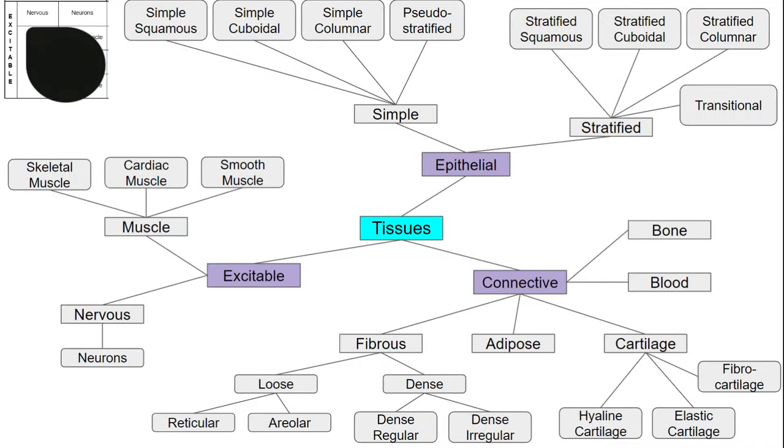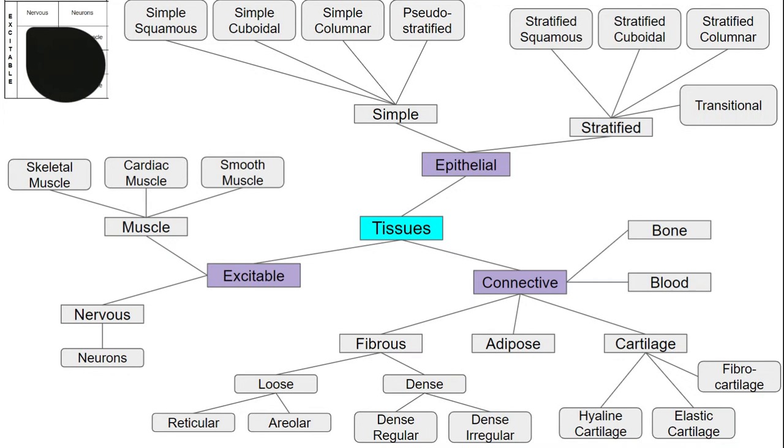All right, guys, so that is our concept map over tissues. You do not have to draw this for the exam, but some people like to scribble it down on a piece of paper as they're working on their test, because you will get questions about which ones kind of fall in different categories. So for instance, I might give you a list of tissues, and you have to tell me which one is not a simple epithelial tissue, or which one is not stratified.